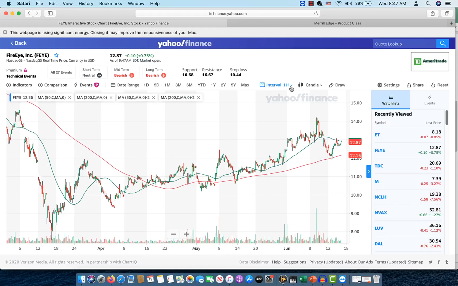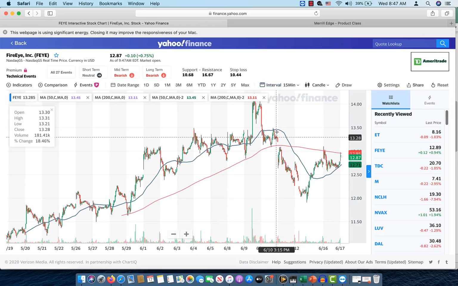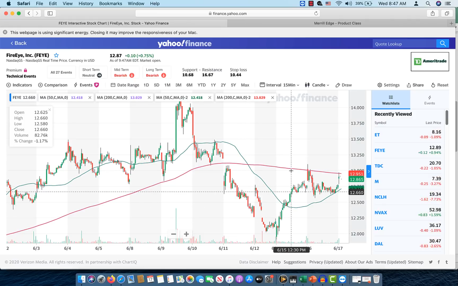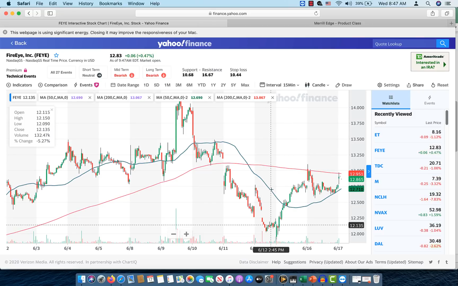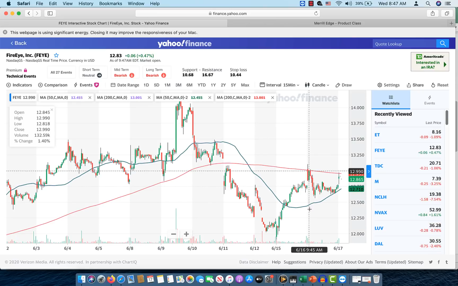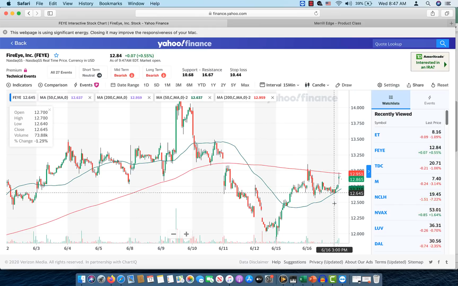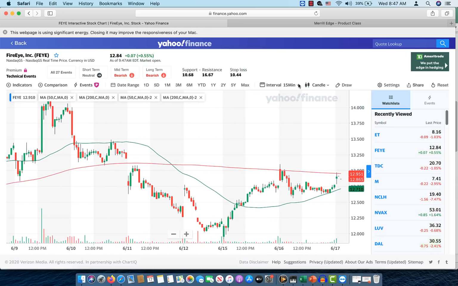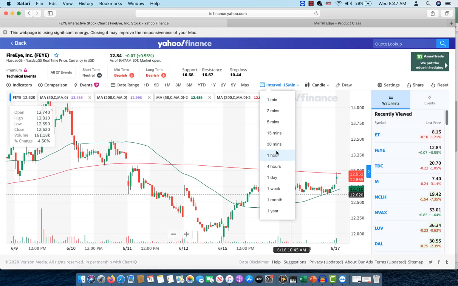Okay, let's go with the 15-day. See, the 15 days are saying the opposite. It says that we crossed below the 200-day. Remember, the 200-day is the red, and the green/blue here is the 50-day. This is saying that we have a bearish move going on, that we're getting ready to cross and go into a bullish move. That's why I go with the 1 hour.